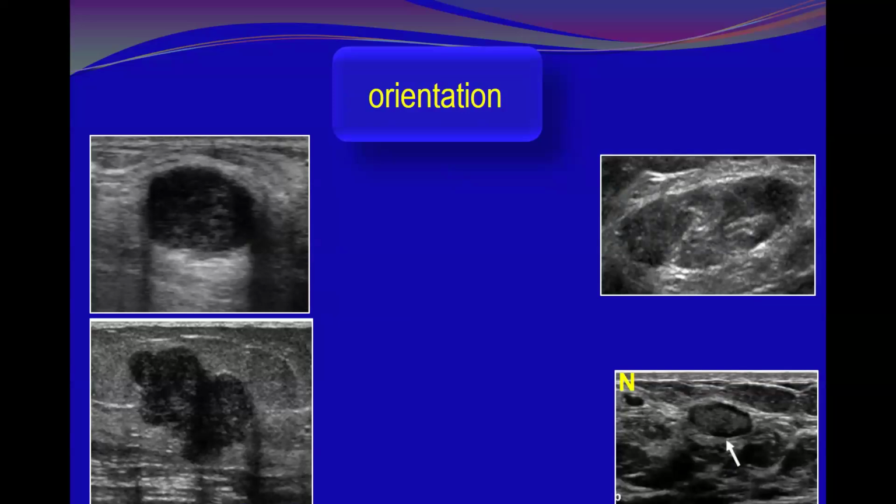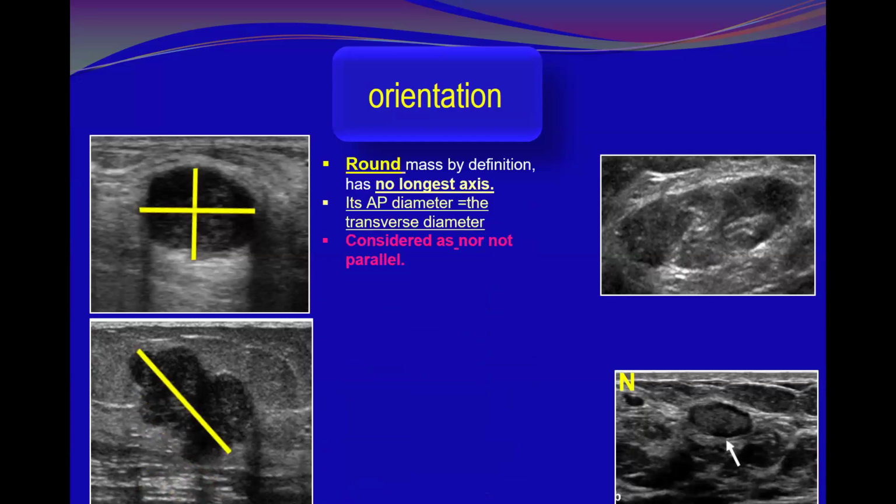So there are theories regarding that issue. As you mentioned, regarding the rounded lesion, it has no longest axis. The AP equals the transverse. So consider it as non-parallel, because previously we mentioned that being rounded is a suspicious feature, not a reassuring feature.